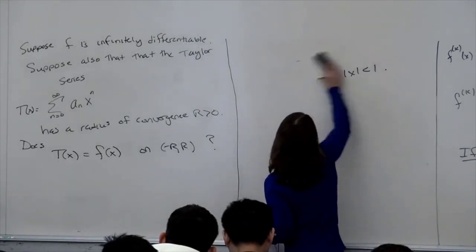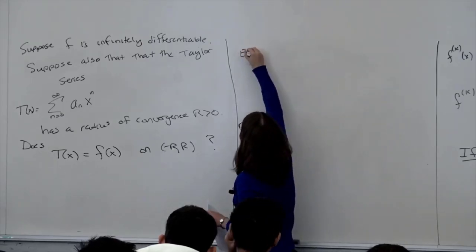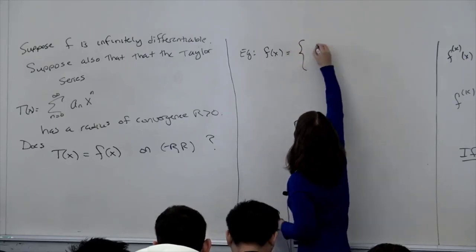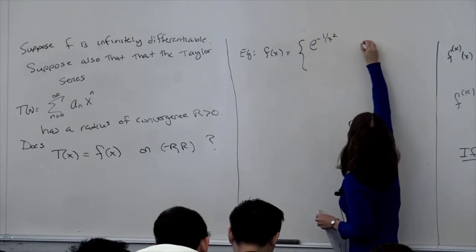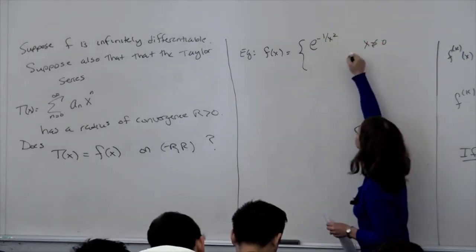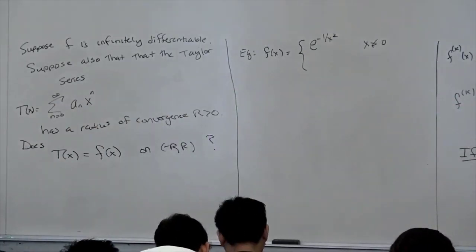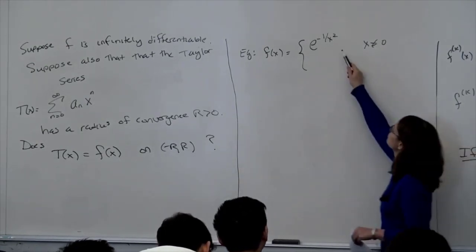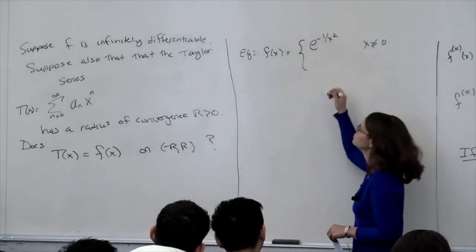So let's take a little example. Let me define the function e to the minus 1 over x squared, and I'll plug the hole in a way that makes this continuous. As x goes to 0, this exponent goes to minus infinity, so the whole thing goes to 0.